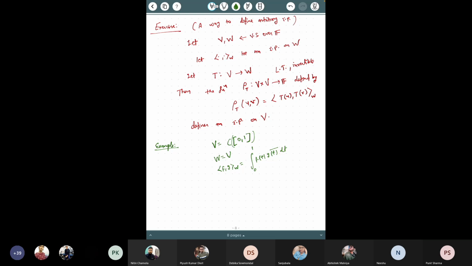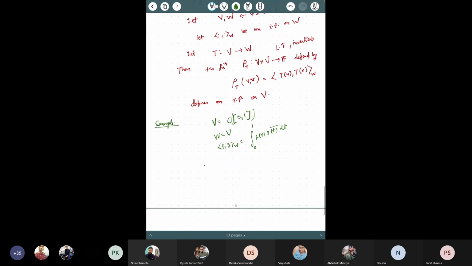Third thing, I need a linear invertible map. You can take any linear invertible map, but let me take this one. If you take any function f(t) here, you send it to t f(t).